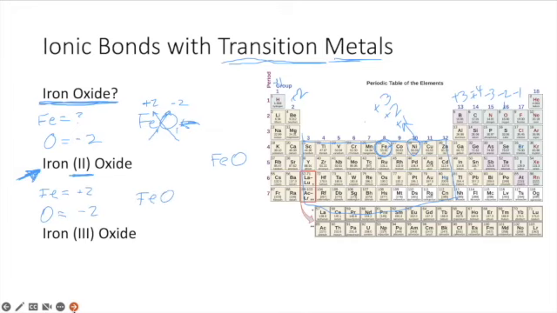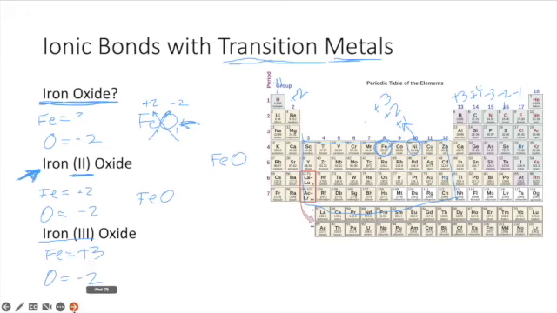But like I said, they're transition metals. Sometimes they form +2s, sometimes they form +1, sometimes they form +3, and so on and so forth. So in this case, this name is telling me that iron is forming a +3 charge. We know oxygen always has a -2.